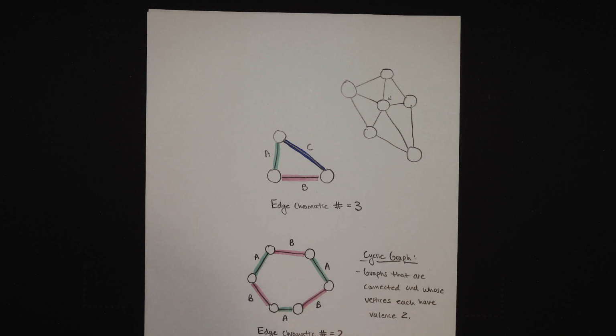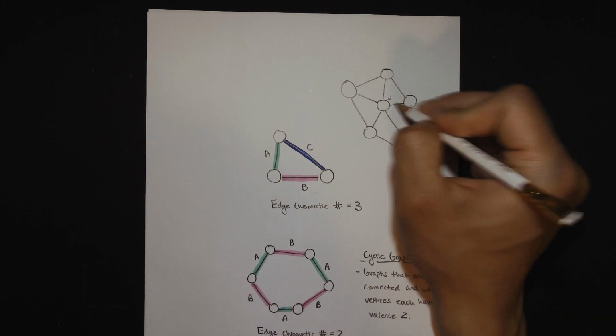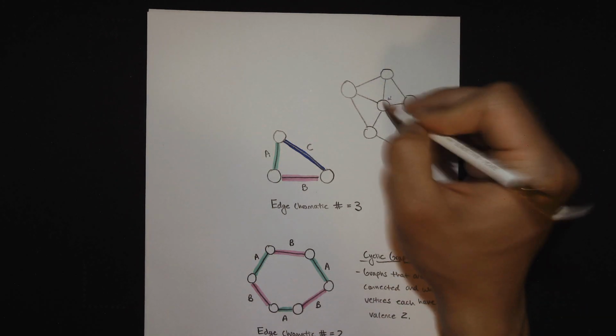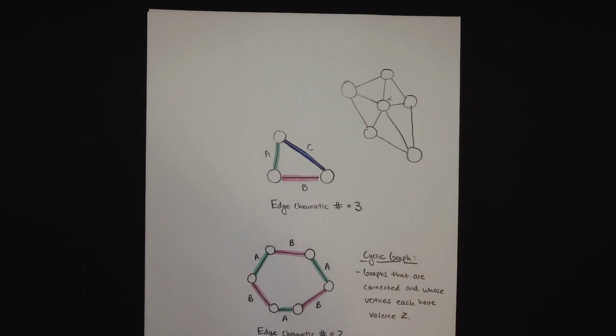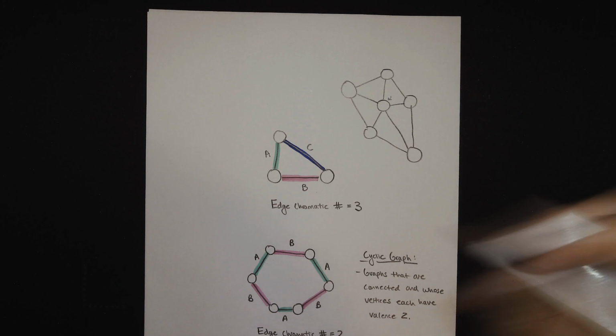And that gives us a lower bound for the edge chromatic number of the graph, because all of the edges touching this vertex, of which there are 5, because this vertex has valence 5, that's the definition of valence, will need to have a different color.